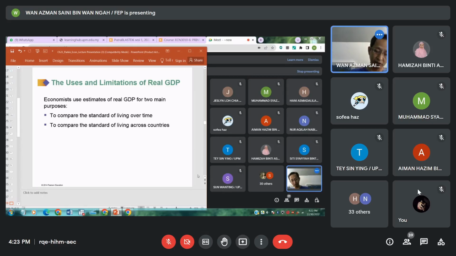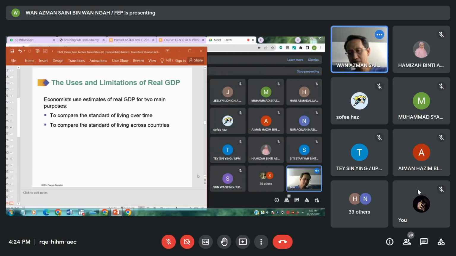Of course, you're going to have a few people with a lot of money, earning millions per year, but there are a lot of poor people. When you take the average, we get around $11,000 per year per person for Malaysia. So you can compare this over time and see whether GDP per capita is improving or not.